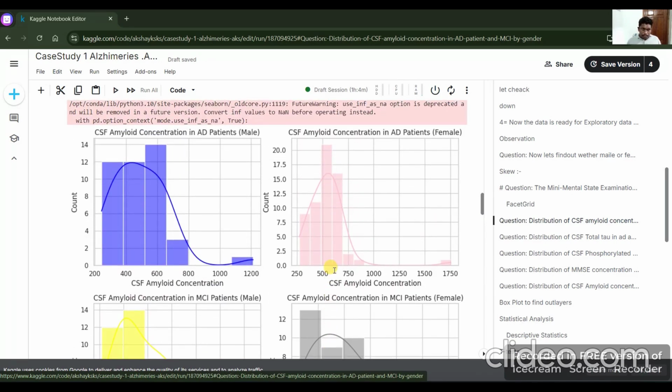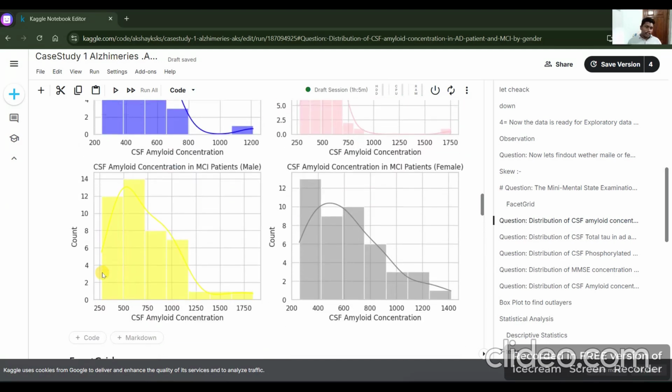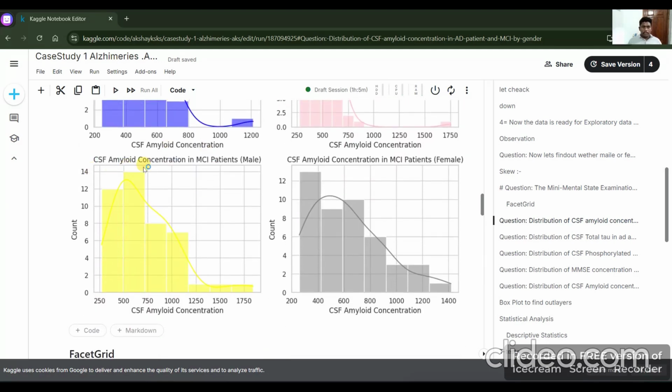Male plot is CSF amyloid, male plot is 600, full increases in AD patient CSF amyloid. Expression female graph is 500, then this is the more high, and this is the male CSF amyloid concentration.